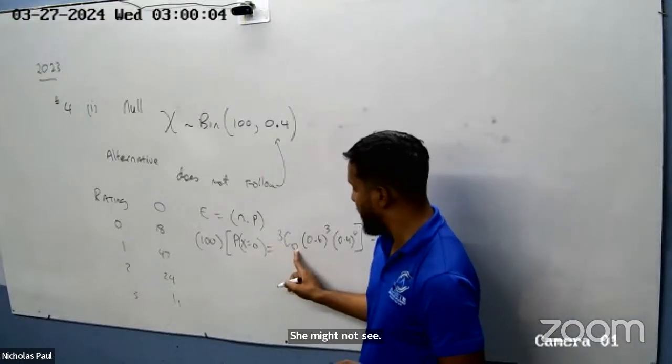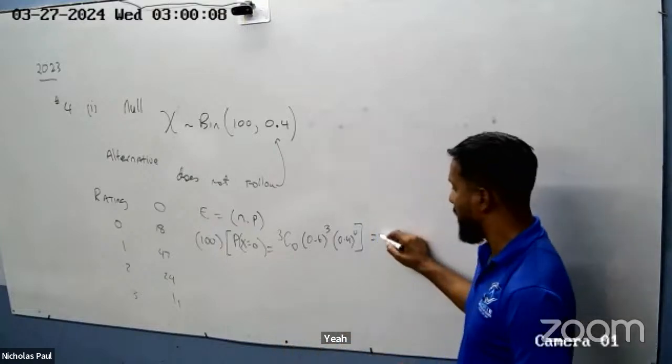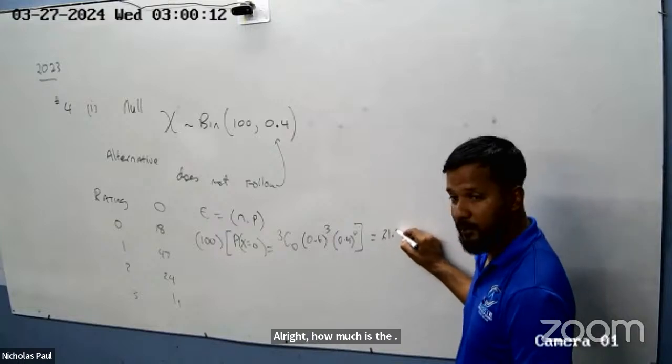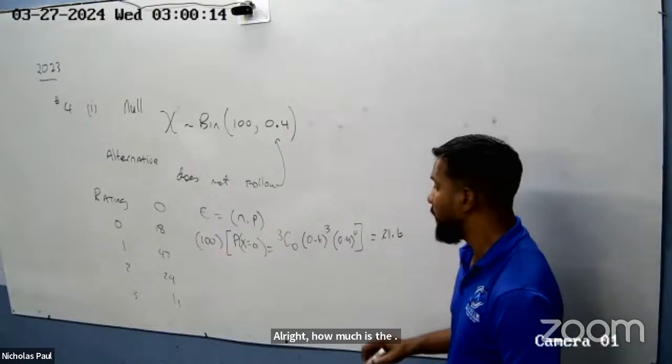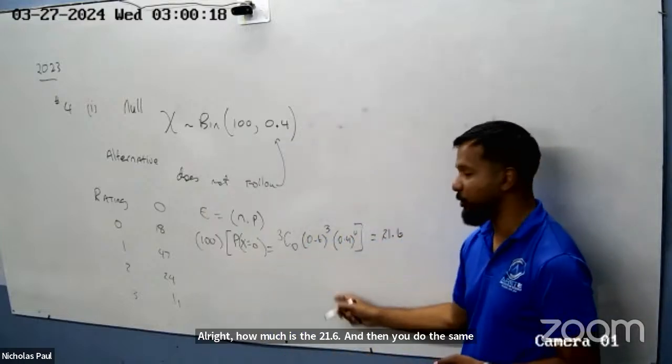Yeah, my r is 0. All right. How much is it? 21.6. And then you do the same thing for 1, same thing for 2, same thing for 3.